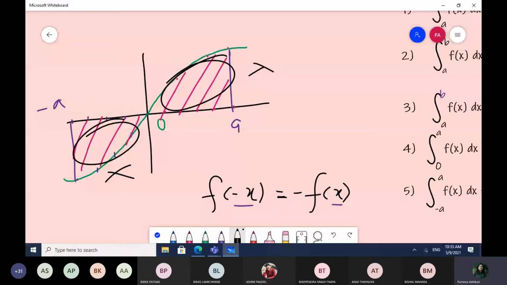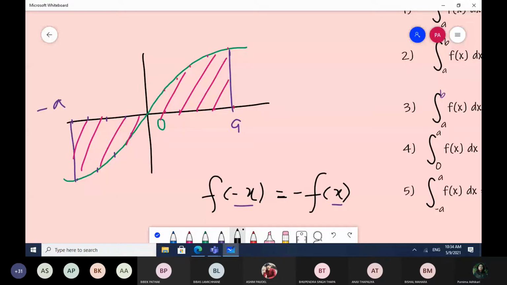Is it possible? No, isn't it? So that means there is some problem with the curve part. That means your limits of integration from minus a to a are not working. So you have to change your limits of integration.